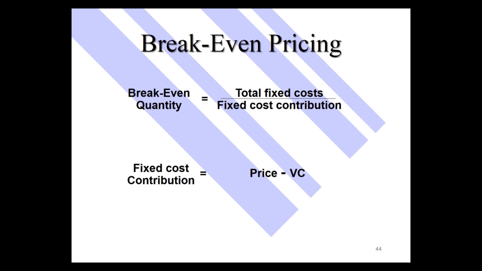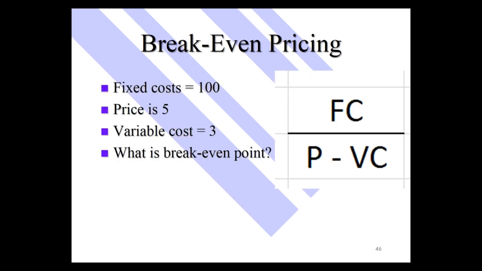Now the math is also pretty simple, but people tend to get concerned when they see the math. So here's the math from that situation that we just talked about. Your fixed costs are 100, the price is 5, the variable cost is 3. So there's our formula for the break-even point. It's fixed cost divided by price minus variable costs.